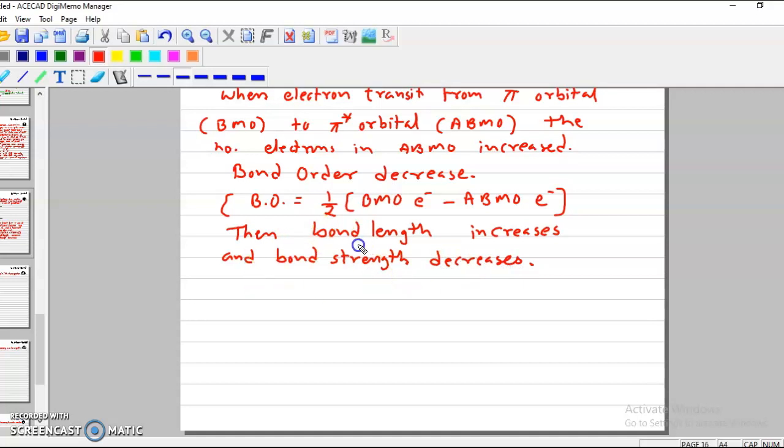But if bond length increases, that effect will appear on dipole moment. Dipole moment, which is mu, equals R into electric charge, and if R increases, dipole moment also increases.